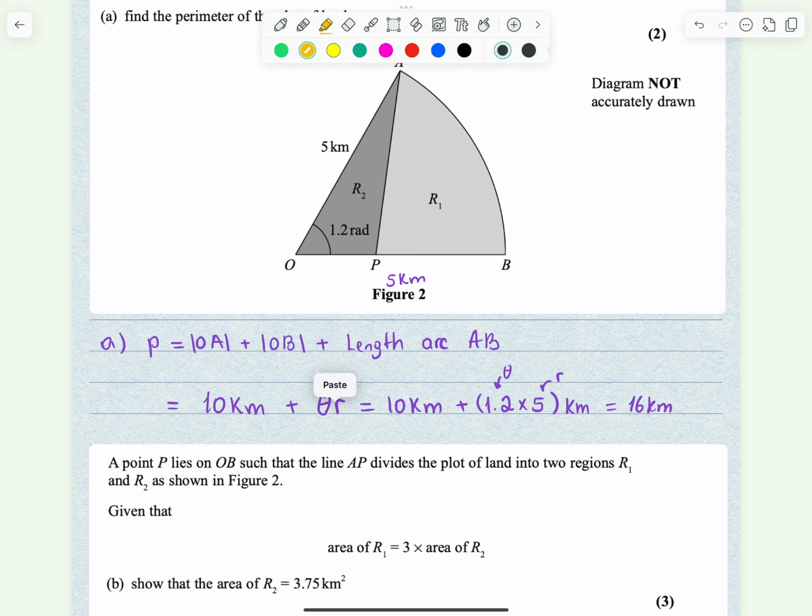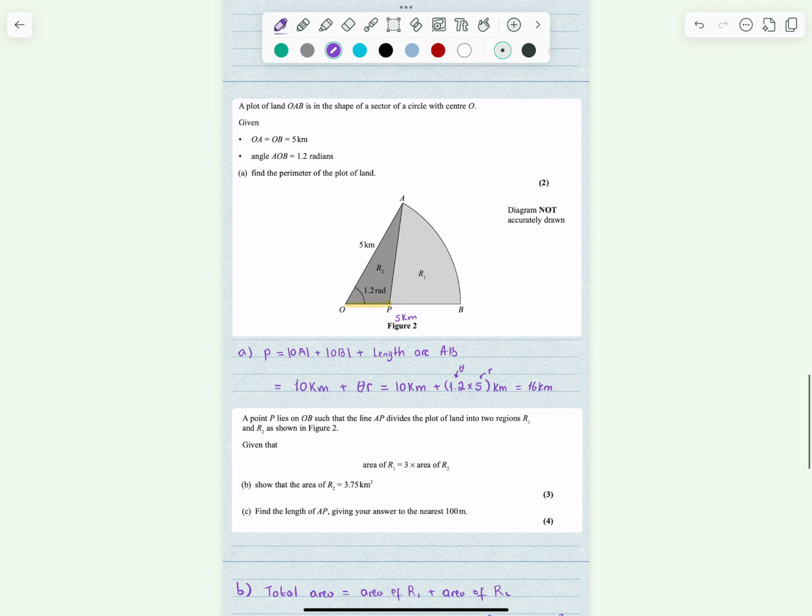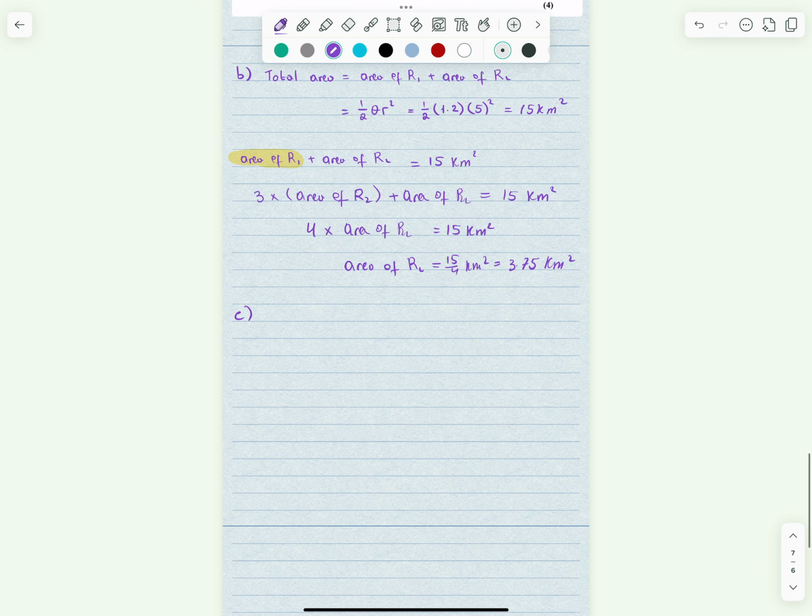But to use the cosine law, I need to know what OP is. It's easy to find OP now, because there is a formula for the area of a triangle as 1/2 a b sine theta.